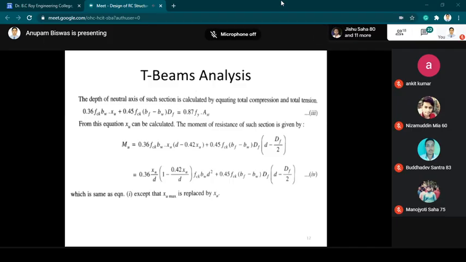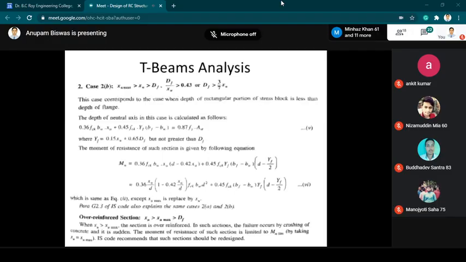Now next, let us see case 2, where the value of Df by Xu is more than 0.43. For this case, we have to consider that the depth of the rectangular portion lying within the stress block is less than the depth of the flange.